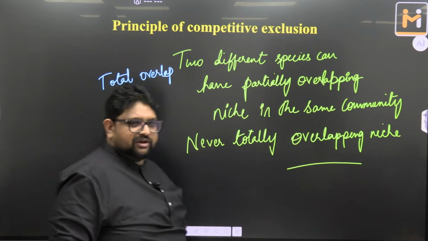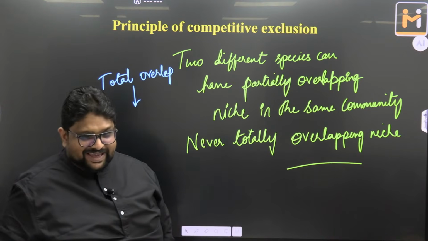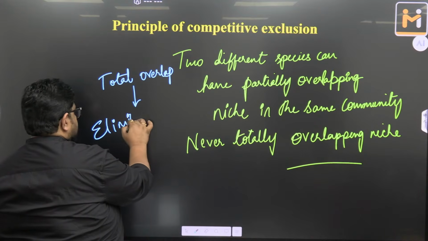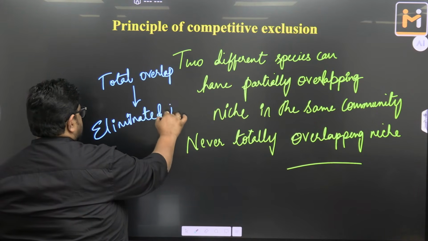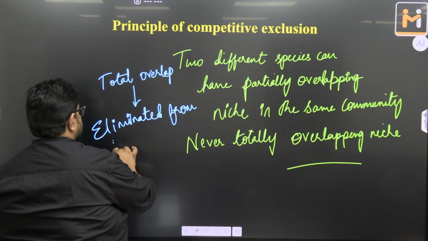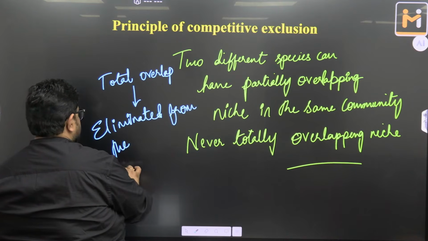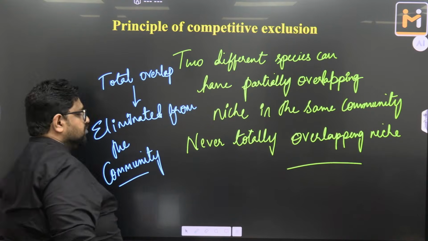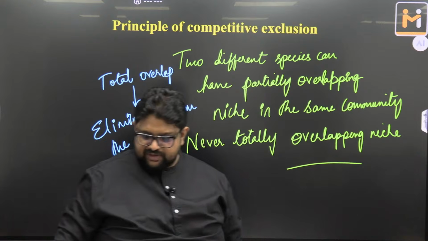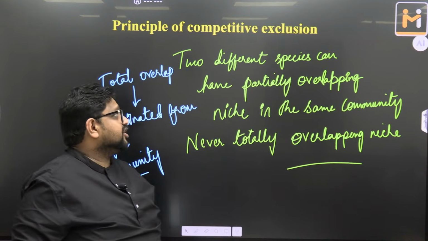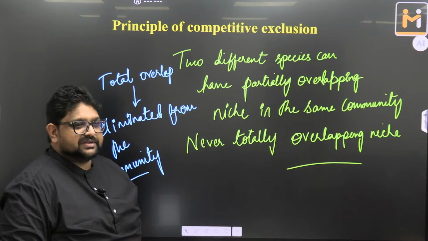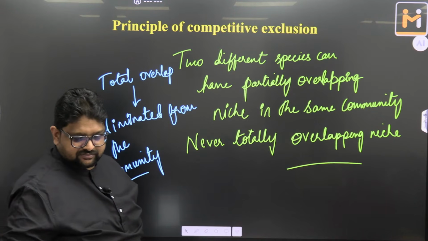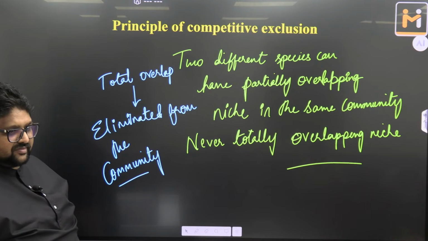In case of total overlap, one species will be eliminated from the community. This is called the principle of competitive exclusion.